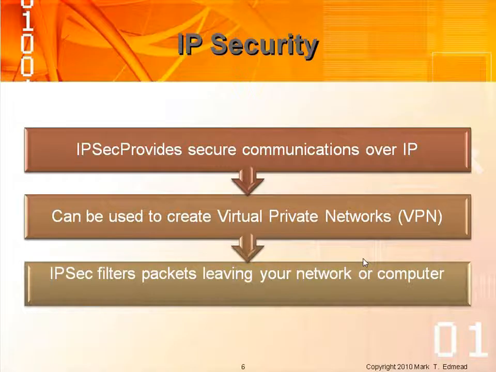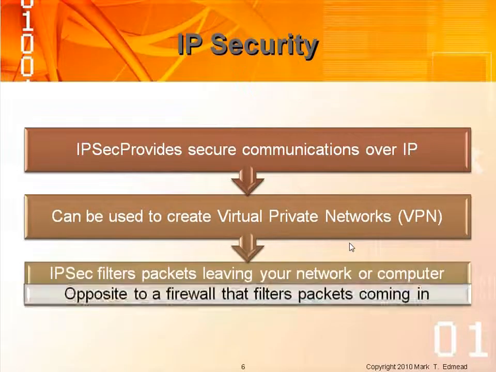IPSec filters packets. It looks at your network packets going in and out, and it can then be used to filter, so only allowing certain packets coming in, or only allowing certain packets going out. So this is opposite to a firewall, which only filters packets going in.